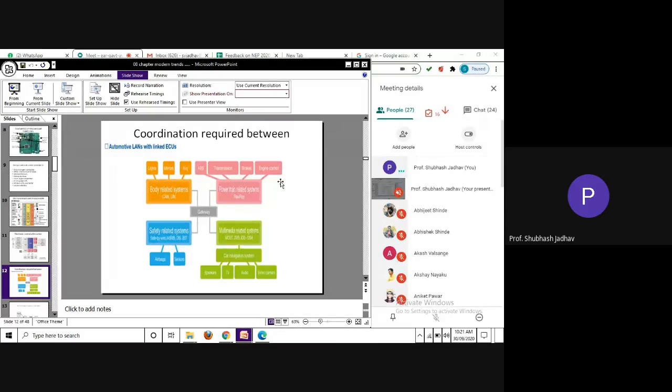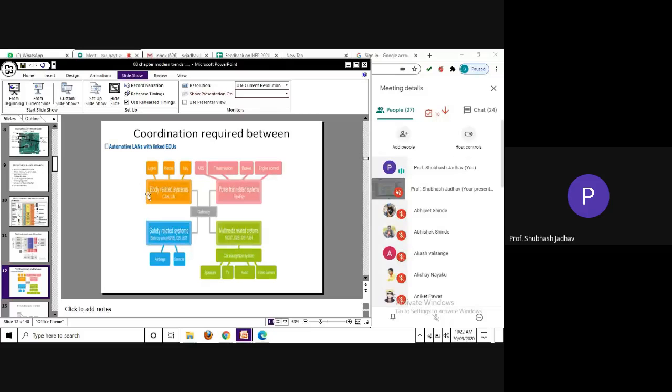Some powertrain related parameters need to be controlled. Then some safety related controls need to be handled. And some multimedia related systems need to be controlled.